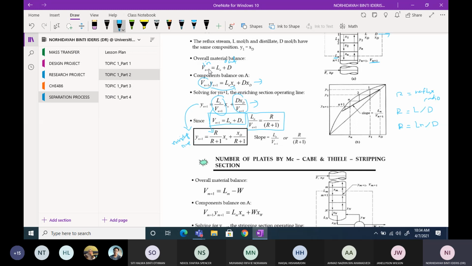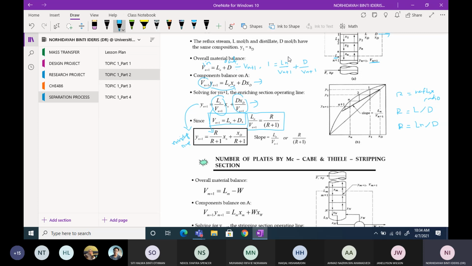You know that Vn plus 1 is equal to Ln plus D. So if you divide this equation with Vn plus 1, it will become: 1 is equal to Ln over Vn plus 1 plus D over Vn plus 1.